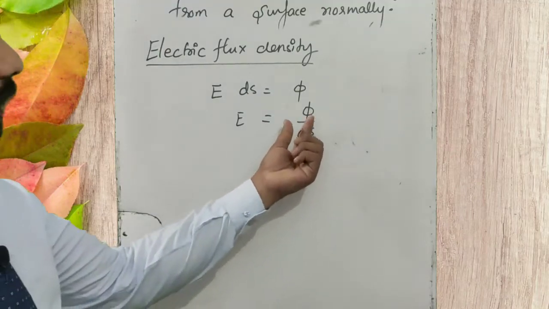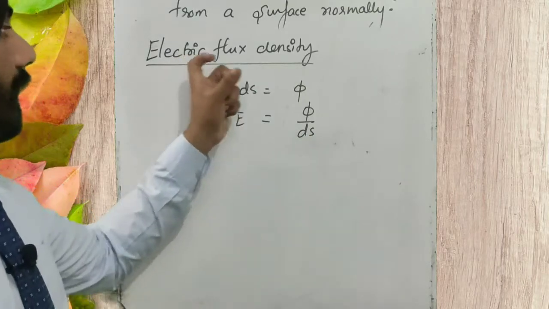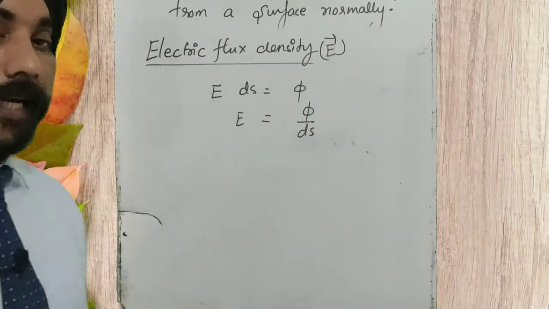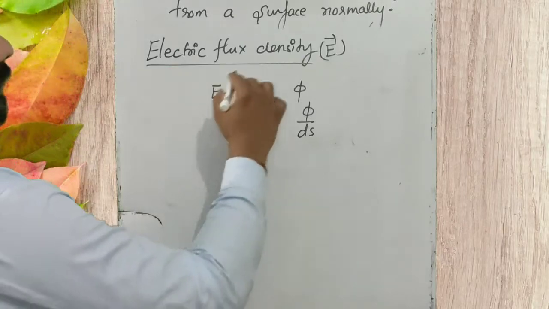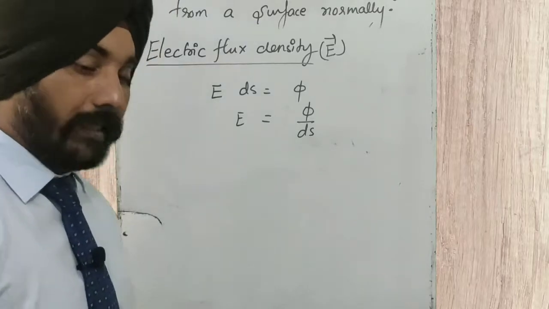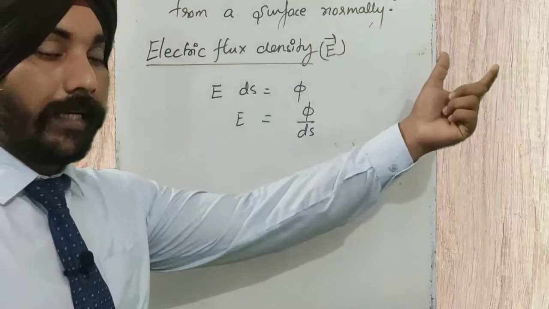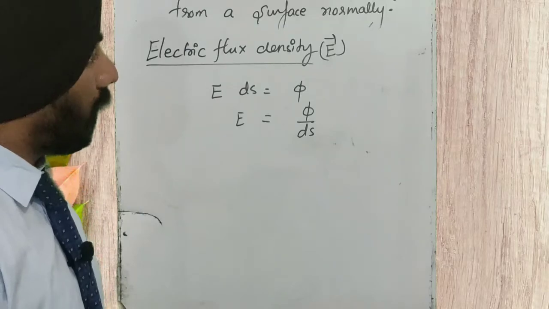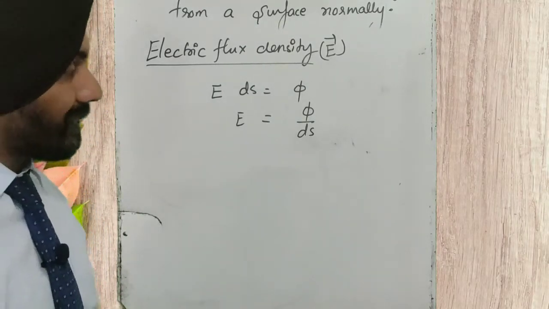So it is the flux passing through unit area. We can call it electric flux density, that is electric field. We are defining electric field in terms of electric flux. So electric flux density is nothing else, it is electric field only. Earlier we were defining it in the form of electric force, Coulombian force, so we were calling it electric field intensity. Now we are defining it in the form of flux, so we call it electric flux density, but the quantity is the same.